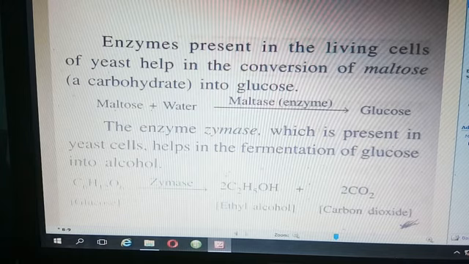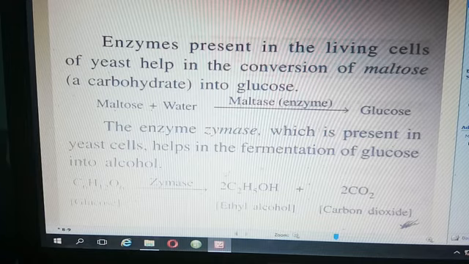Again, another enzyme present in yeast only. Maltase is also present in yeast, and zymase is also present in yeast. So maltase converts maltose to glucose, and zymase converts glucose to alcohol.